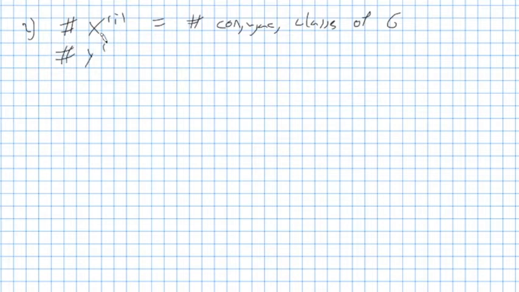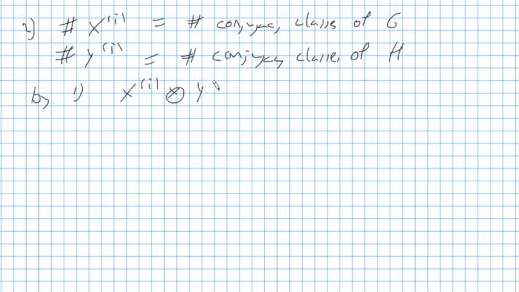We know that the number of distinct, inequivalent irreducible representations of G, the xi's, is the number of conjugacy classes of G, and same thing, the number of yj's, the inequivalent irreducible representations of H, is the number of conjugacy classes of H. Now by part 1, we know that each tensor product xi tensor yj is irreducible.